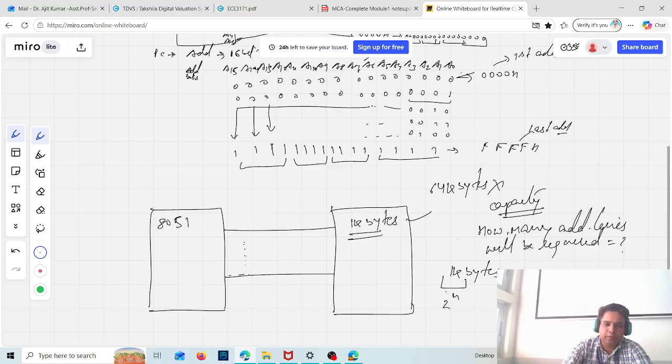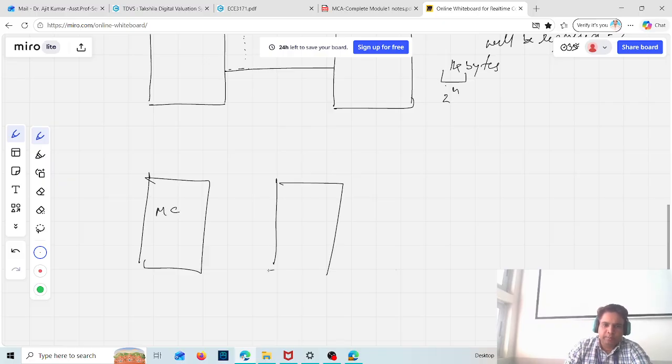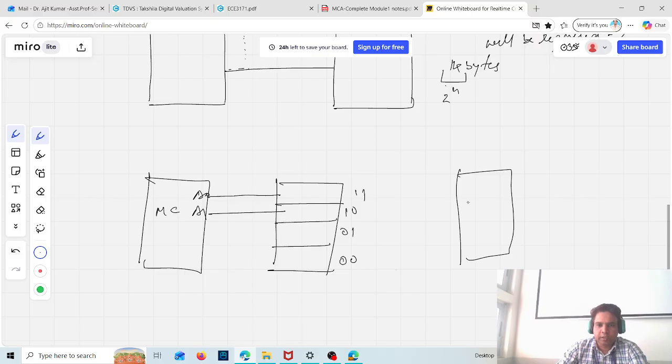Because if you recall, suppose this is your microcontroller, any microcontroller, and this is your memory chip. If I have 4 locations, there will be 2 bits which we use to assign the address, and for that purpose you will need 2 address lines, that is A0, A1. Similarly, if you have this microcontroller interfaced with a little bit larger memory chip having 8 locations.